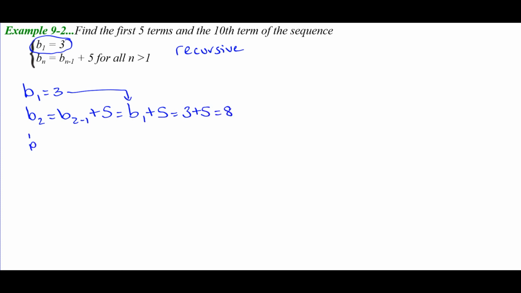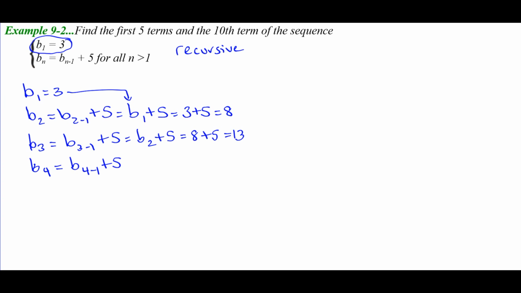So then we're going to do that same thing, so b sub 3 is b sub 3 minus 1 plus 5. So second term plus 5. So we're going to plug in, so that's going to be 8 plus 5, which is going to give us 13. So b sub 4 is going to be b sub 4 minus 1 plus 5.